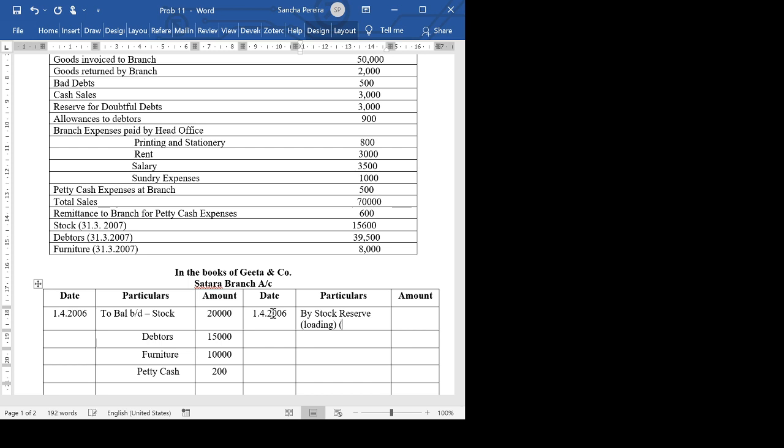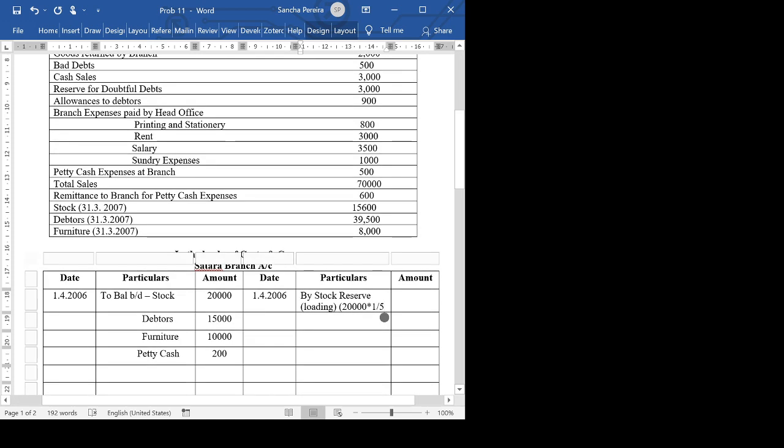Right now, instead of doing that calculation, I'm just going to directly do 20,000 into 1/5. Otherwise, I would have said 20,000 is at 125. For 25, it is how much? 20,000 into 25 upon 125. 25 upon 125 is 1/5.